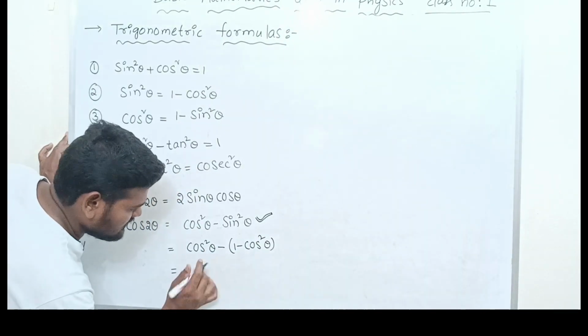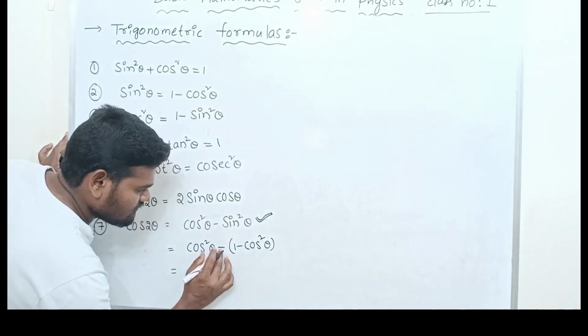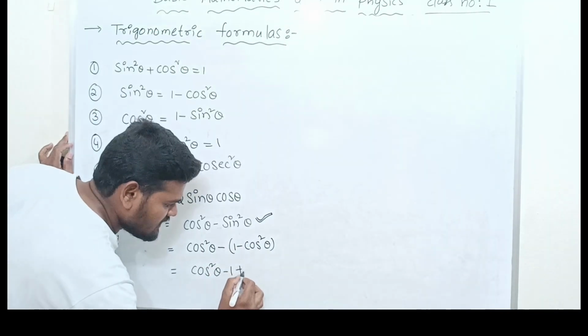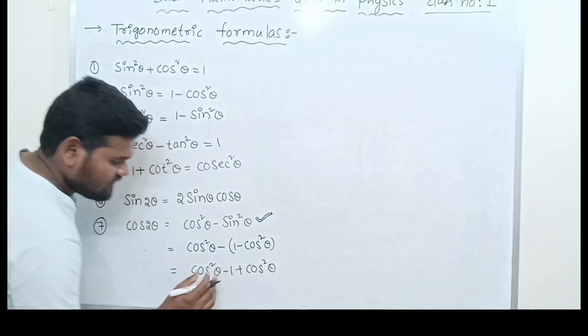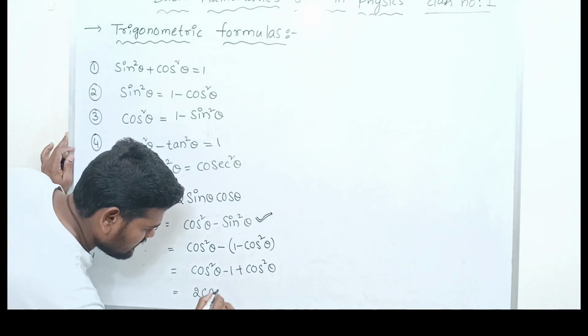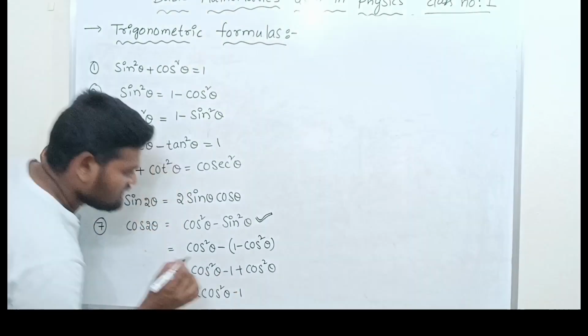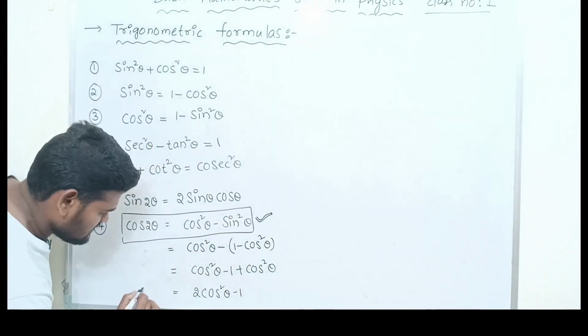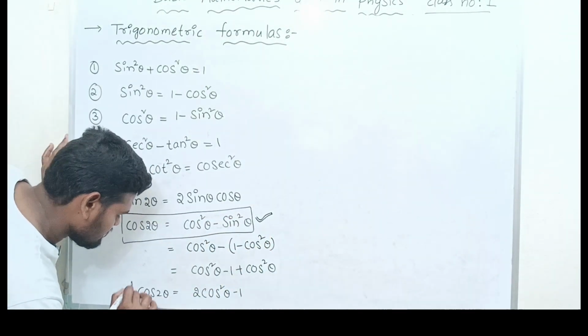This equals cos square theta minus 1 plus cos square theta, which is 2 cos square theta minus 1. So this is one formula and this is another formula.